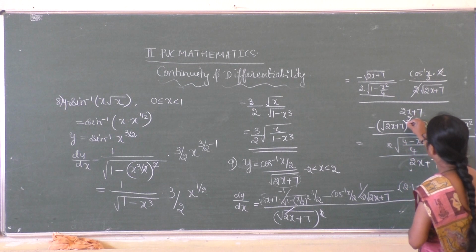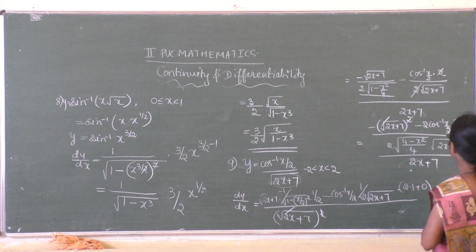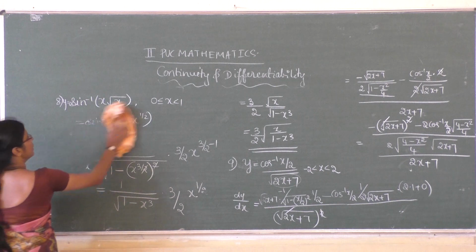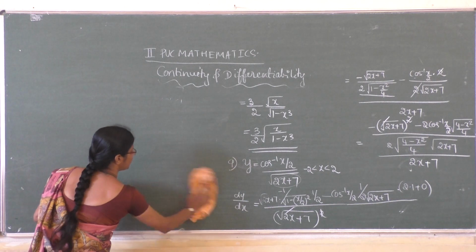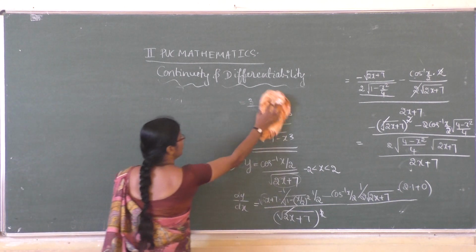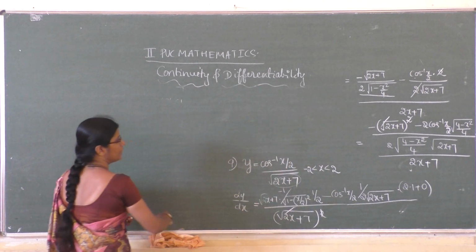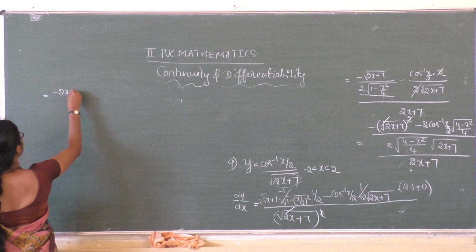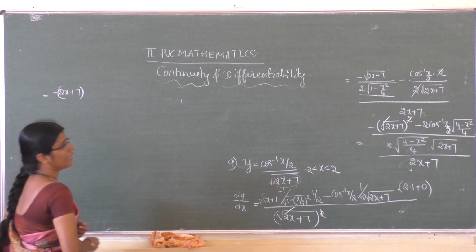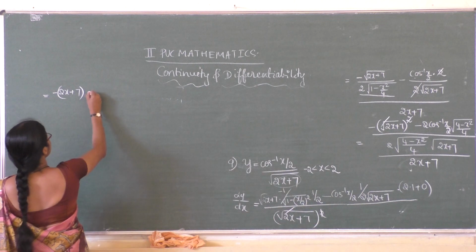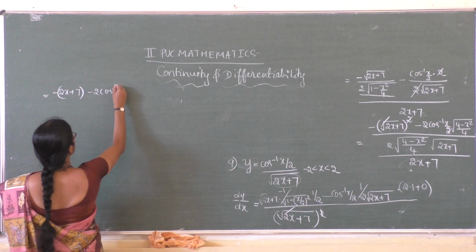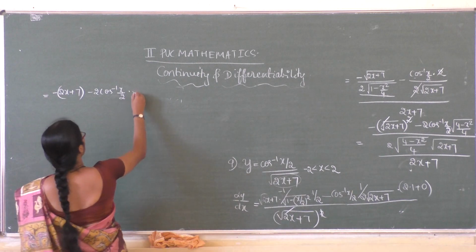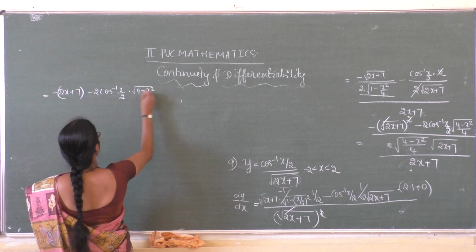So square root and square cancel here. Next step, what we get? There you get minus 2x plus 7, then minus 2 cos inverse of x by 2 into root of 4 minus x square.